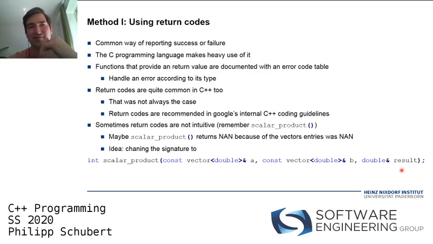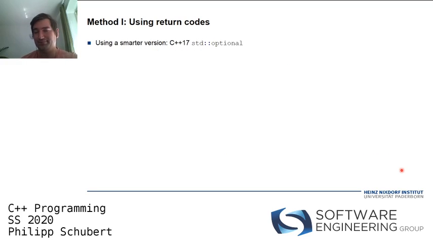You're completely destroying the purpose of functions, because a function should receive some inputs, do some computations, and then return the final result. If you would use that mechanism here, you would completely destroy it. So not very useful, I guess. I personally am not a huge fan of that. It's not very smart, I guess. Since C++17, you can also use a smarter version to maybe indicate a failure of a function.